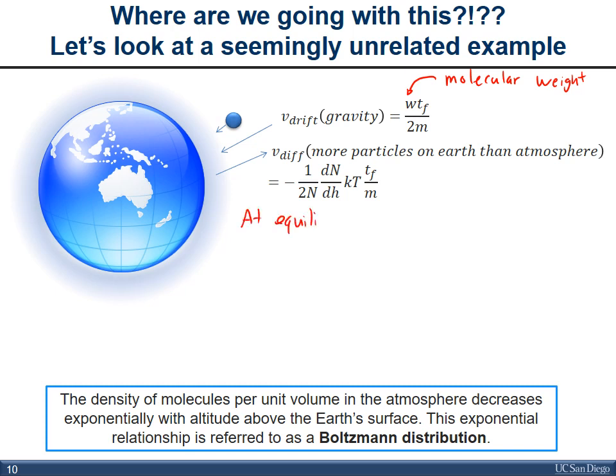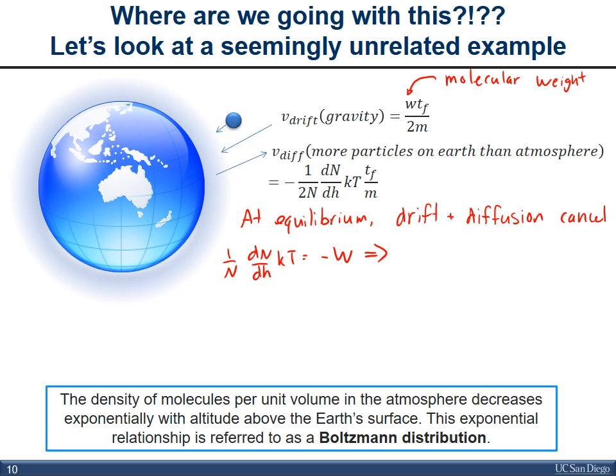At equilibrium, drift and diffusion must cancel. And so we can say 1 over n dn/dh kT is equal to minus W. That's the molecular weight being applied here.